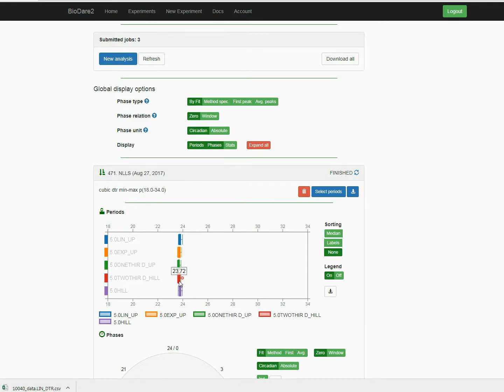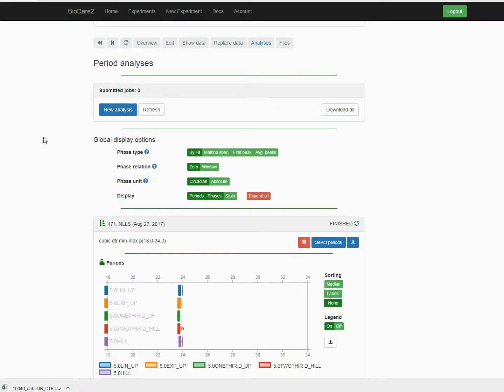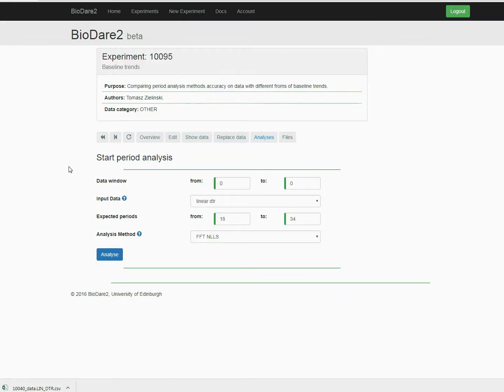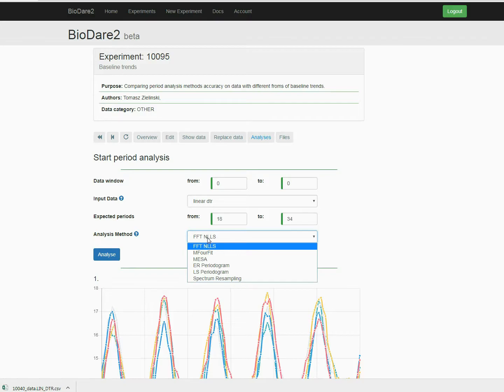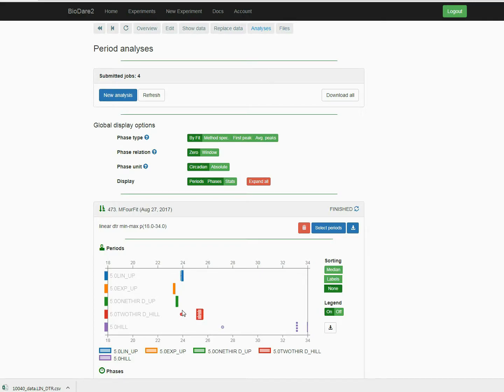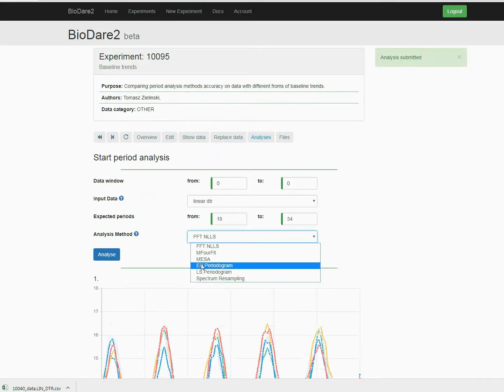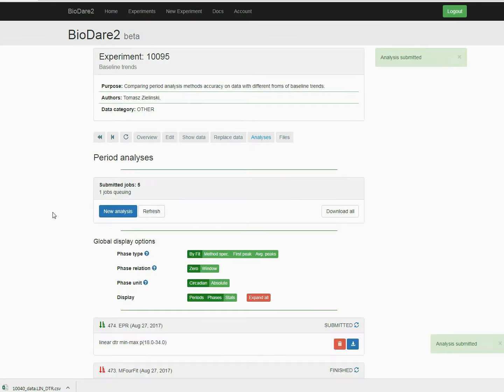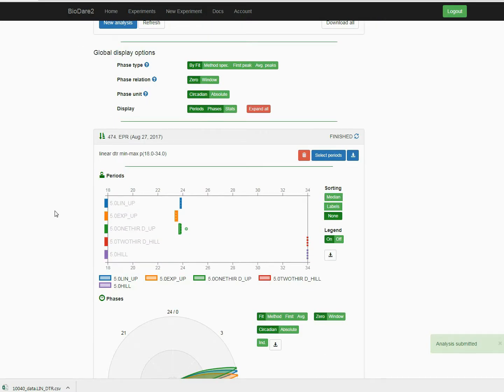We will experience similar problems with other methods of period analysis, especially the ones that are based on curve fitting. For example, M4 fit on a linear trend gives correct periods. Periodogram also fails on the last two complex data.